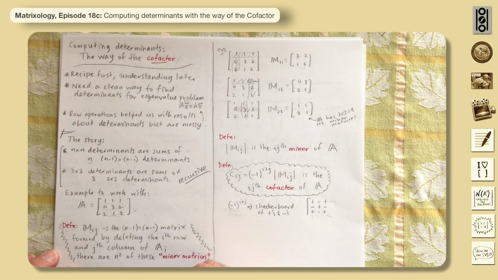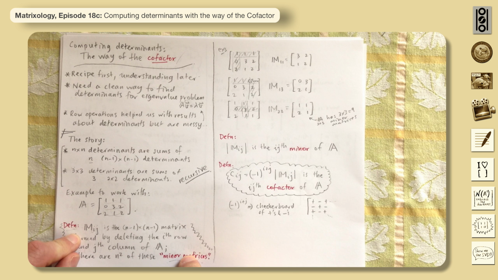There are n squared of these, because you start at each point, so there are n squared of them in an n by n matrix in general. We call them minor matrices of A. That's our first piece.